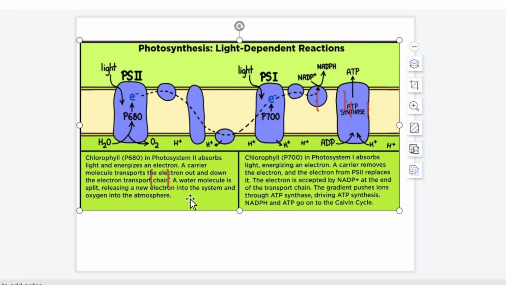So mainly the light dependent reaction uses the water molecule to produce oxygen, NADPH and ATP, which will be used in the dark reaction.